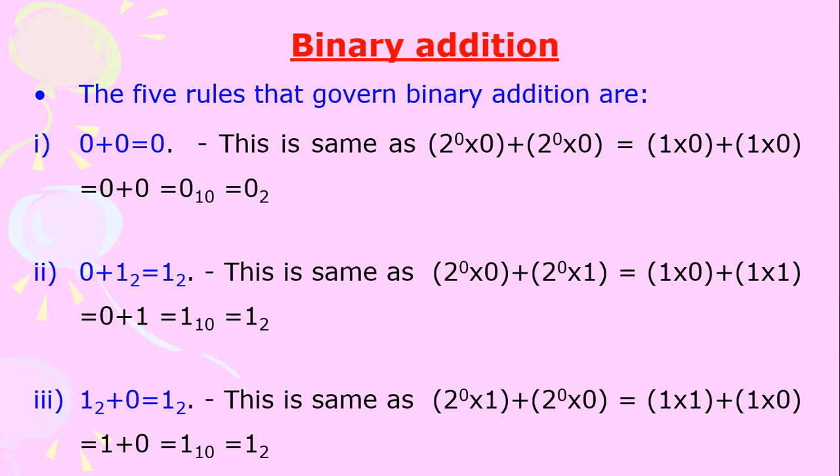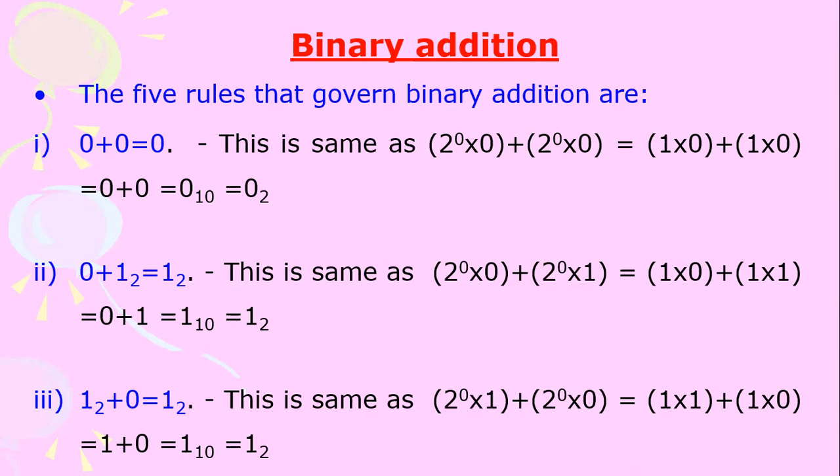This is the same as 2 raised to power 0 times 1 plus, in bracket, 2 raised to 0 times 0, which gives us 1 times 1 plus 1 times 0. 1 times 1 is equals to 1 plus 1 times 0 equals to 0.